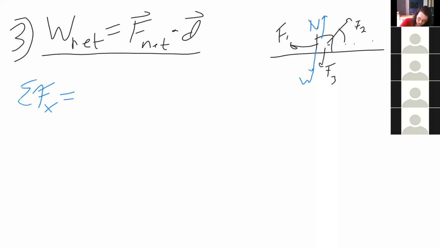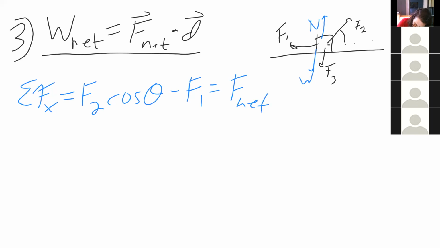The only forces we have in the x direction are F2, the component of F2 that is in the x direction, so it'll be F2 cosine theta, and then in the negative x direction, we have F1. What we did last week especially is we summed our forces and set it equal to ma. If a is 0, we set it equal to 0. In this case, though, we're only going to be concerned with the actual net force itself. So this is the x component of the net force.